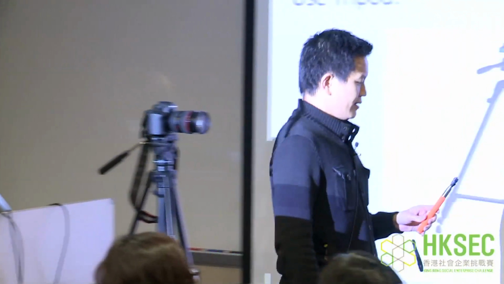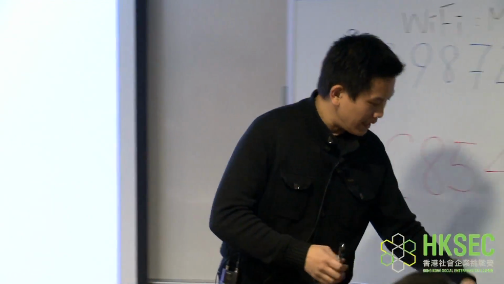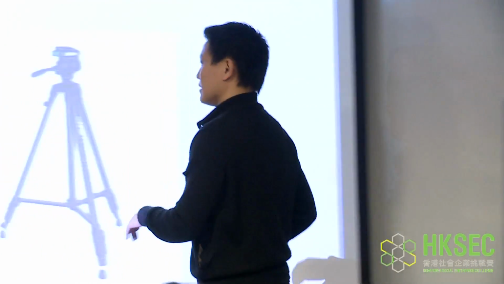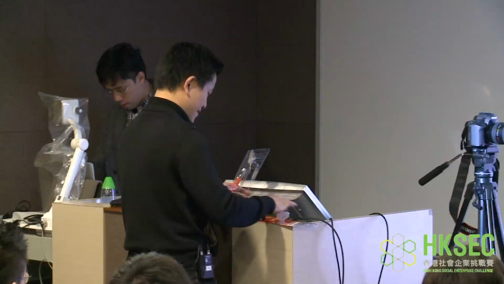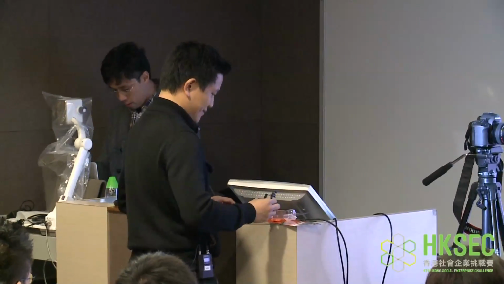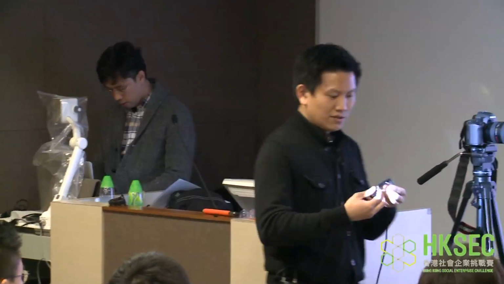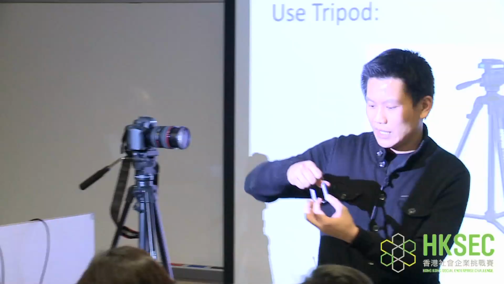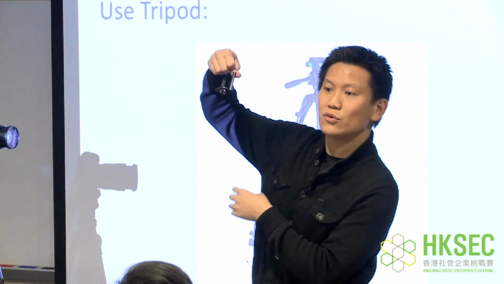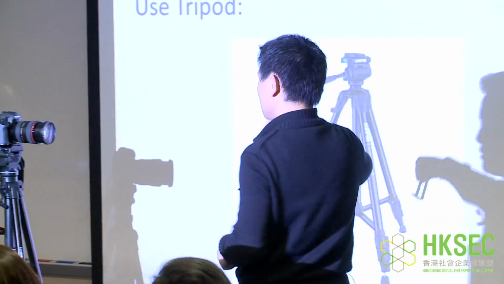But the problem is when the day is very windy. When you shoot using your iPhone, this one you can hold on the tripod as well, if you use your iPhone.